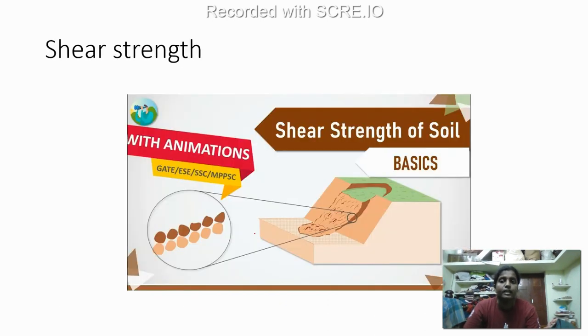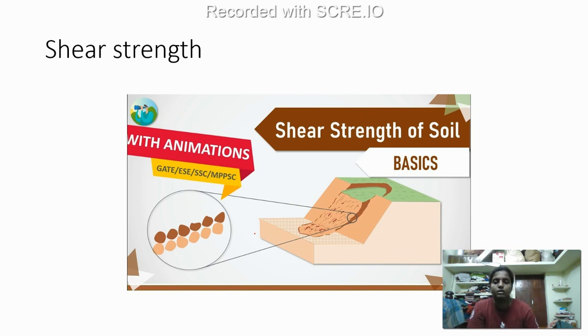The other important parameter of soil is shear strength. Whenever we design any structure on soil, we are always concerned about the shear strength of the soil, whether it is bearing capacity or anything which is directly connected to the shear strength of the soil.